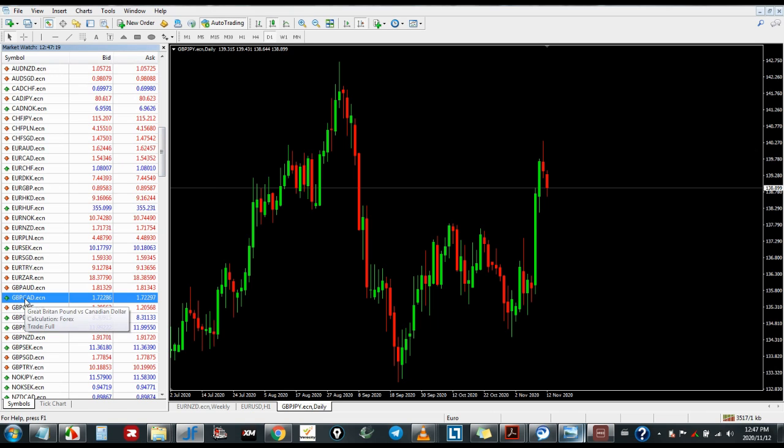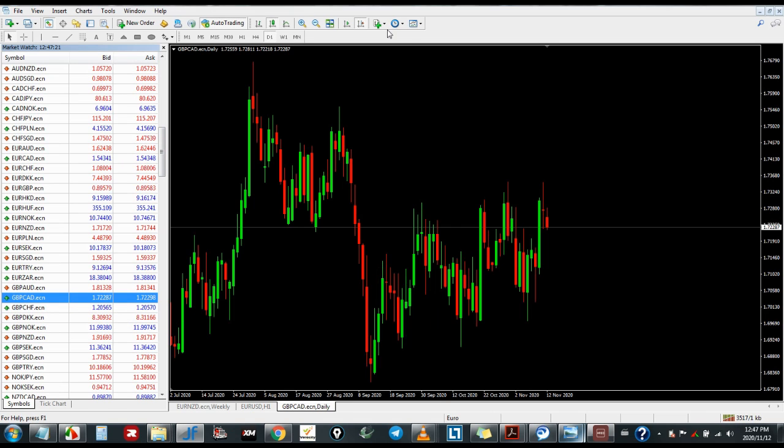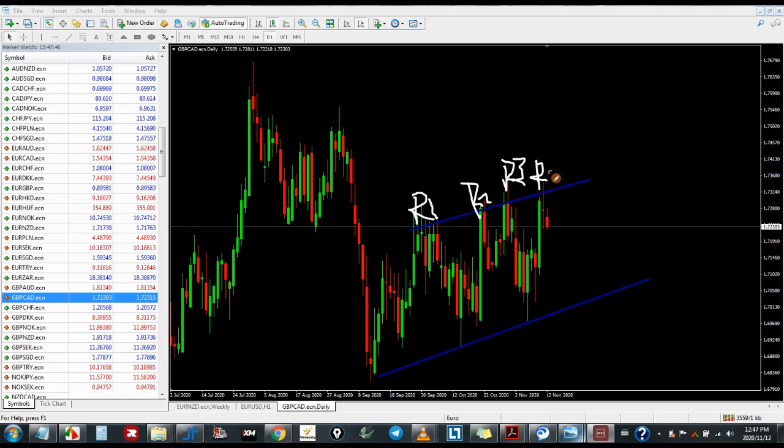Let's do GBPCAD. This one is almost too much consolidation, but at least the consolidation is happening around the highs. So at least it's around resistance number 1, resistance number 2, resistance number 3, resistance number 4.